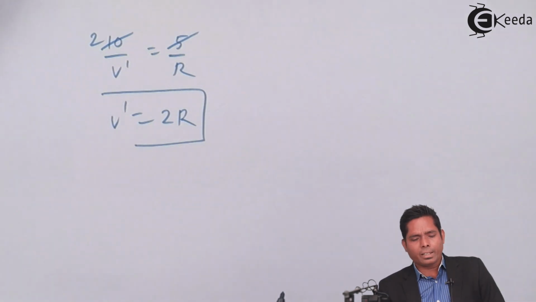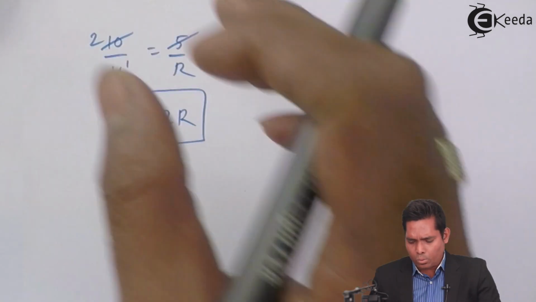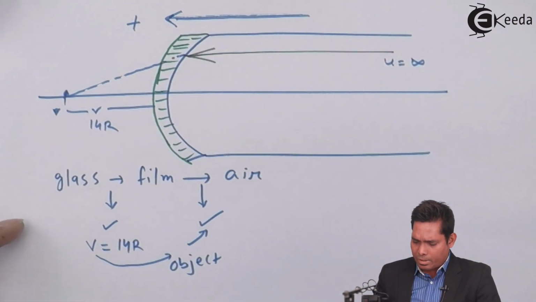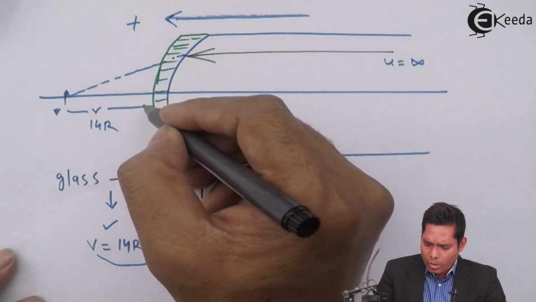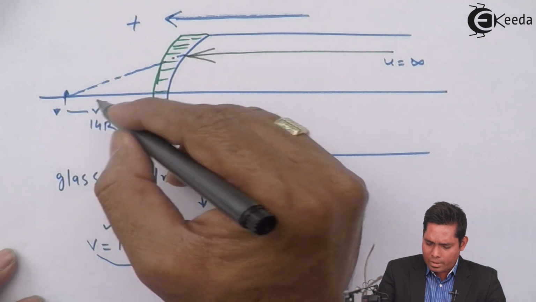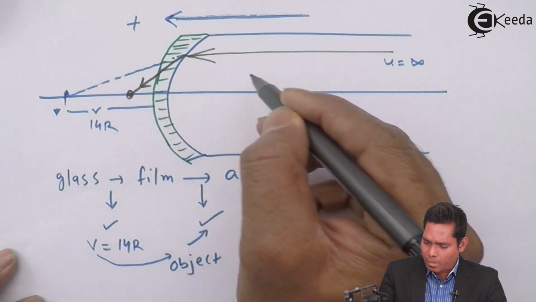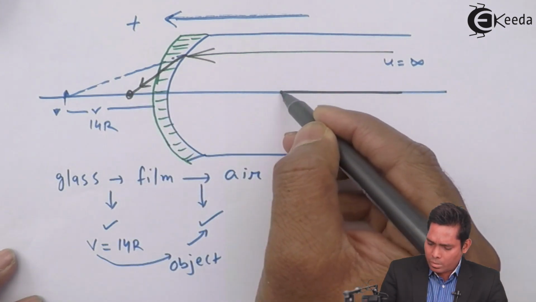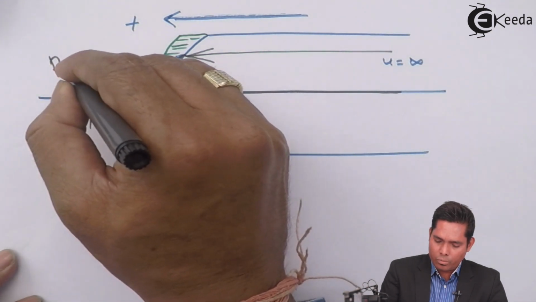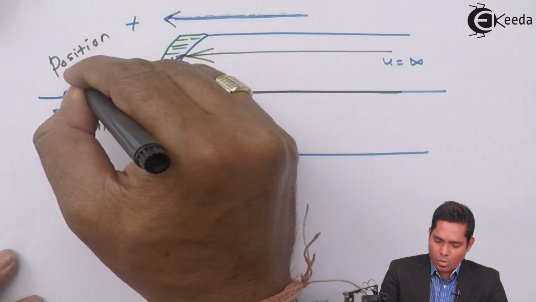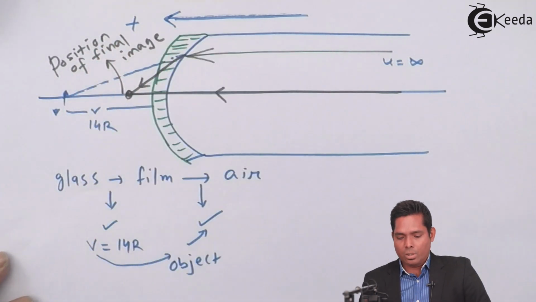If v dash is 2r, I will see through the diagram where the final image is going to be formed. It is saying 2r. 2r means this is too near, 14r is so far. So somewhere here, finally the ray will get focused here. This is the image formed. These rays are meeting here, and this is the position of the final image.